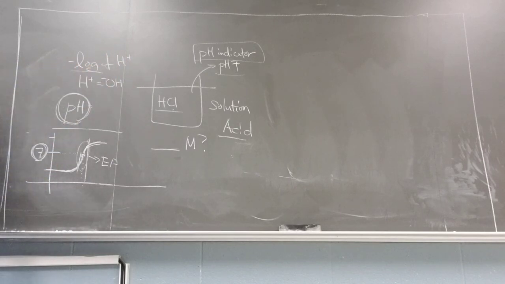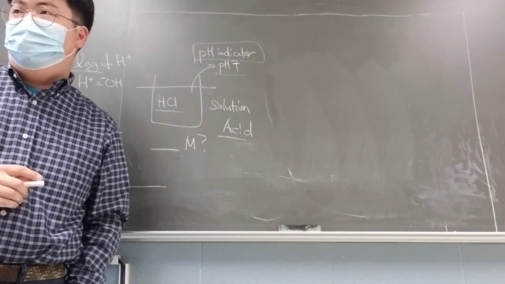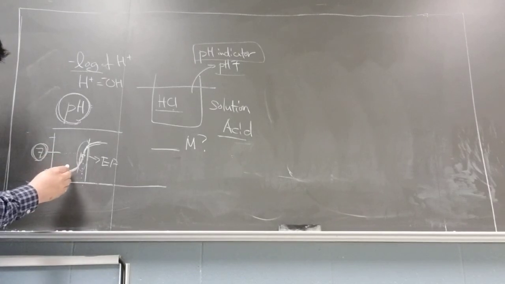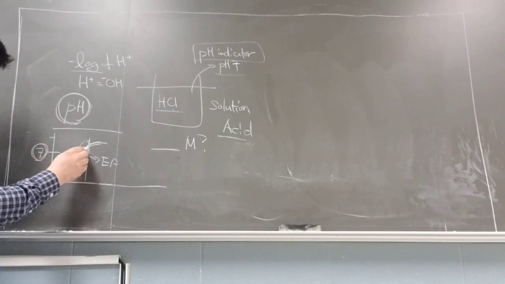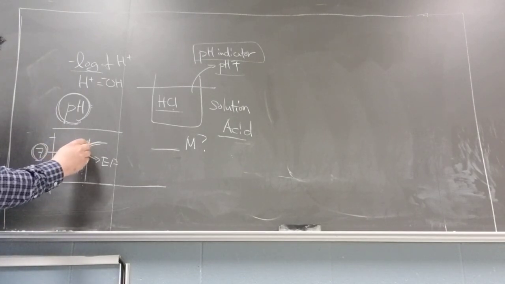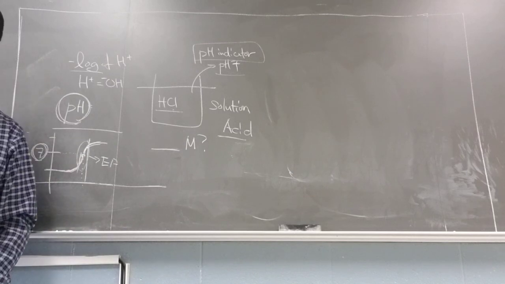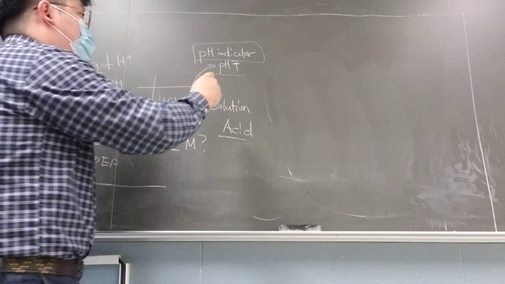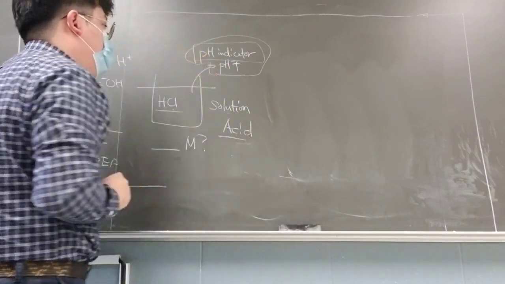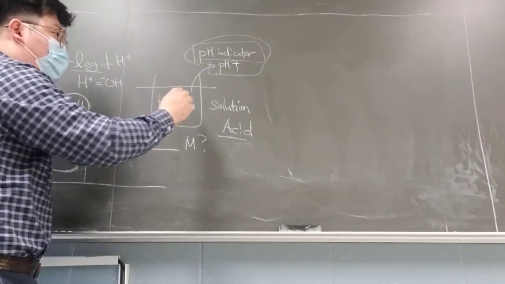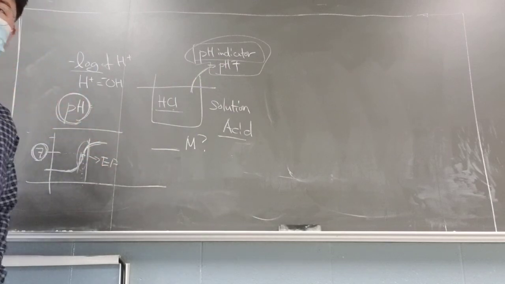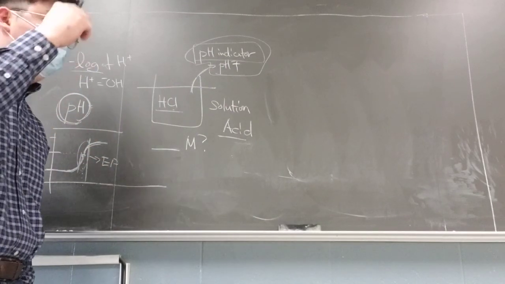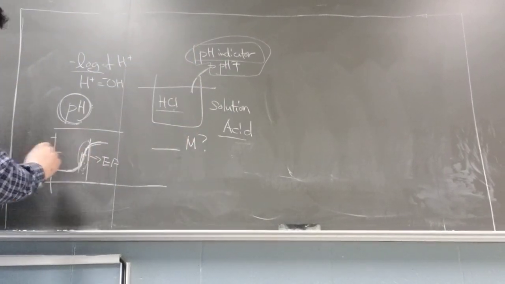So the log is what? Power of 10. So if you go from here to here, the change can be rapid, even with a very small amount of the counter ions. So whenever you see the change in color, you can say this is just about to hit pH 7 or just passing through over here.